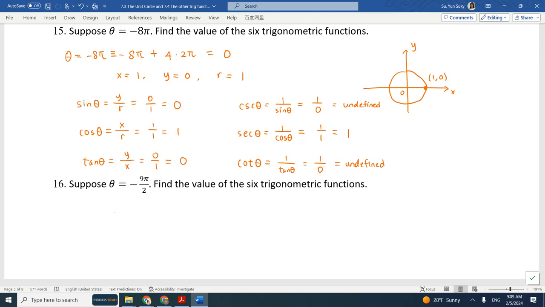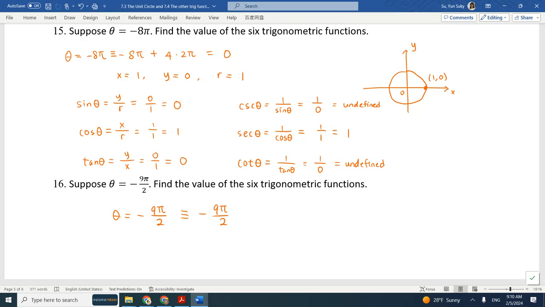So theta is negative 9 pi over 2. Okay, and how many copies of 2 pi do we want to add? Sometimes, if you don't know how many copies of 2 pi you want to add, just keep adding it.